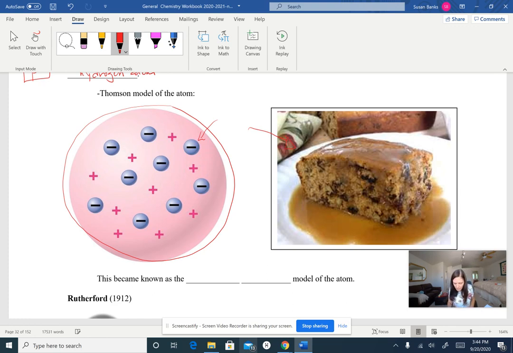It's called plum pudding. Notice we have little bits of the chopped up plums randomly distributed in that plum pudding. Now in Britain, pudding is actually cake. Okay, so this is plum cake for those of us here in America, in the United States. So this is what is known as the plum pudding model.